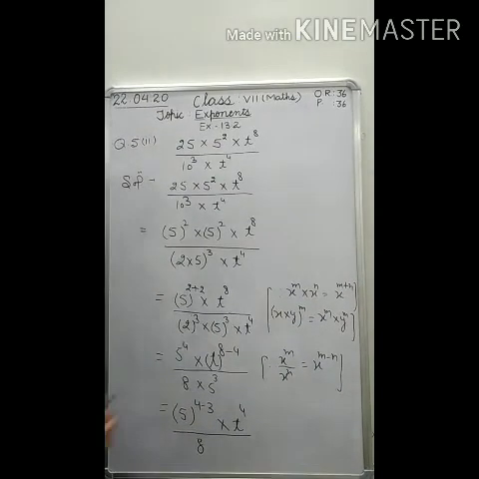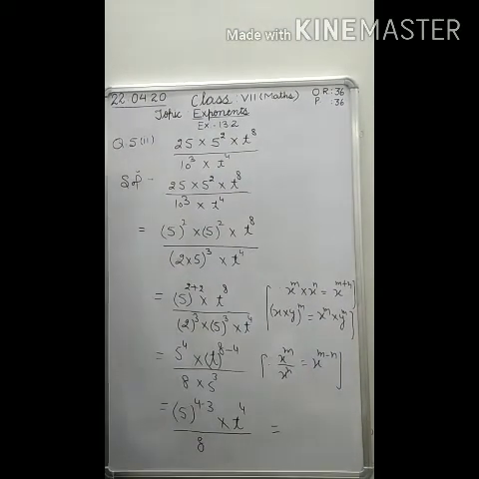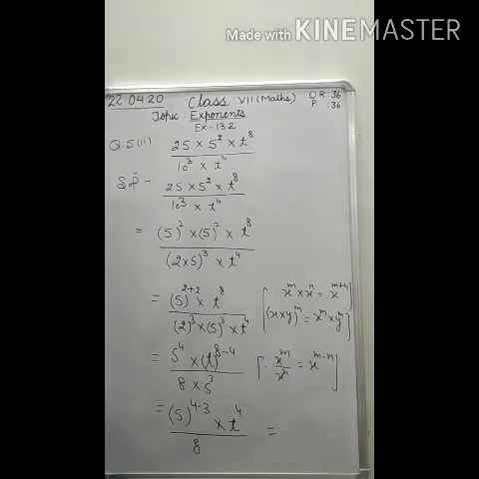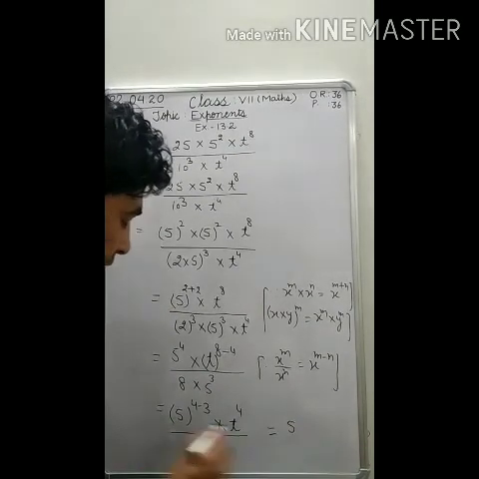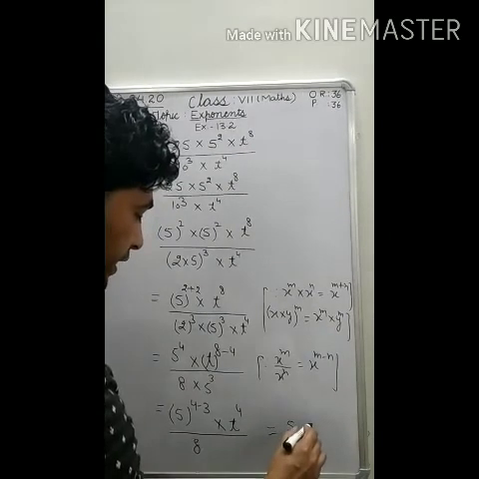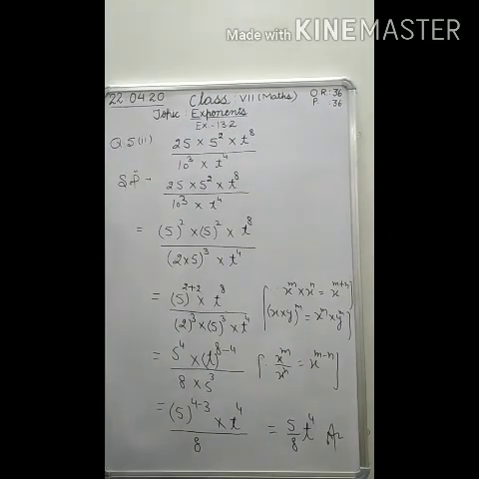Now solve it further. 4 minus 3, the power will be 1. So 5 raised to the power 1 will be 5, and it becomes 5 t raised to the power 4 upon 8. So this will be your answer.